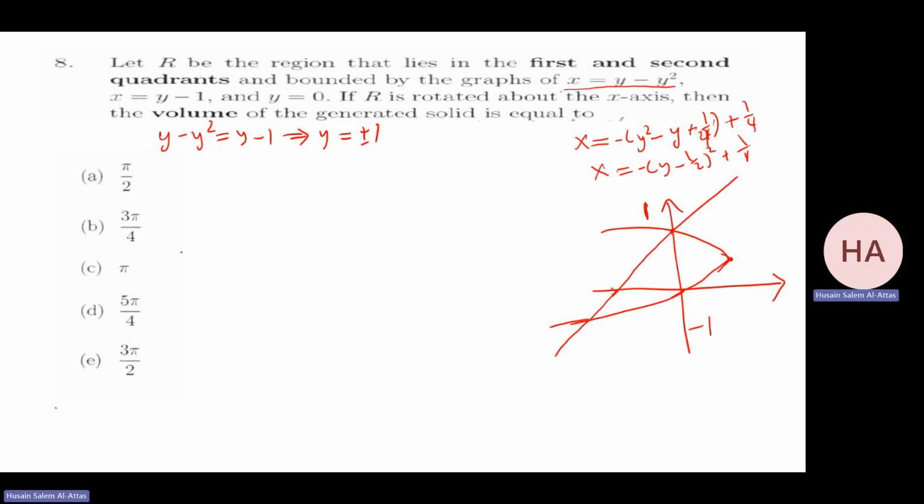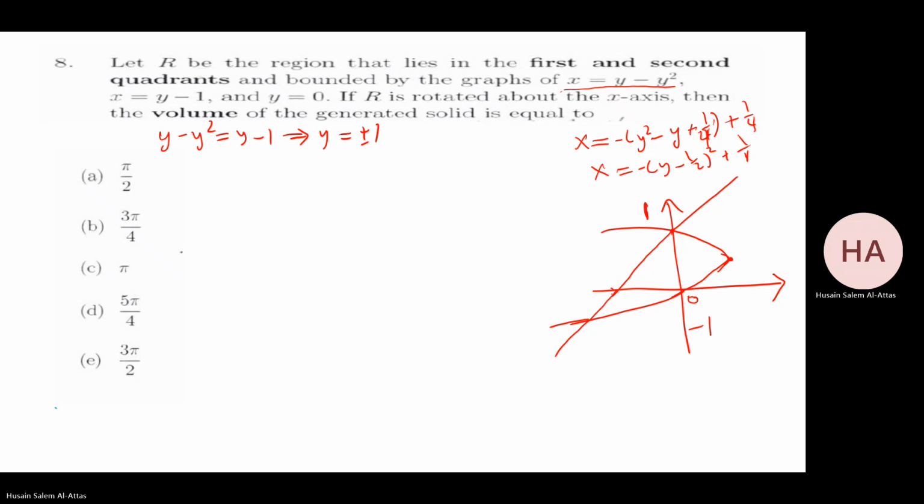Now we are talking about what he wanted, in the first and second quadrants. So he needs only this region. This is the region he needs, only the things in the first and second quadrant.